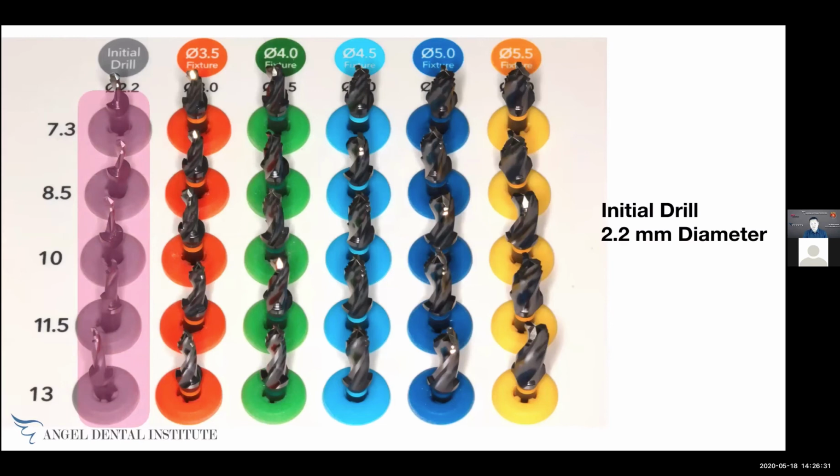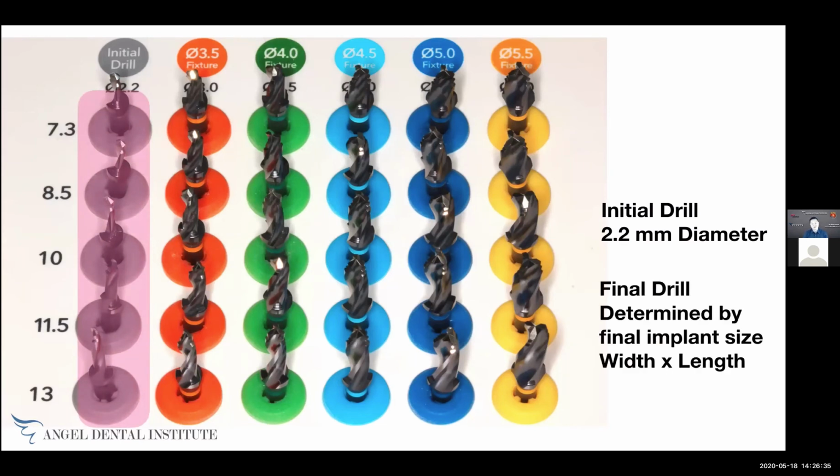Then you have the other side, all of those colorful ones. That's what I call the final drill. It determines what your final implant size is going to be. So if your final implant size is going to be 4.5 by 10 millimeter, it's going to be right in the middle. 4.5, that light blue, is 4.5 diameter. And if you go down to 10 millimeter, that's your end final drill. That's where you're trying to get to.